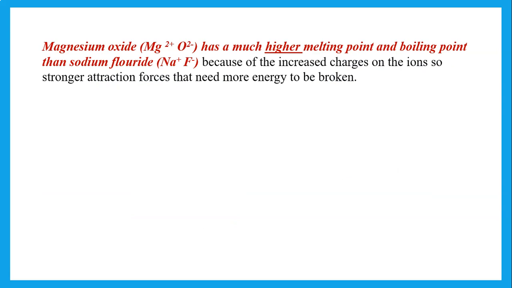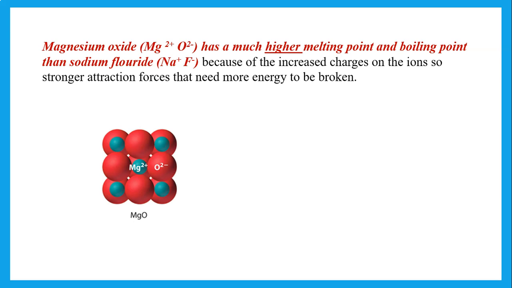What if I'm comparing two ionic compounds? We already decided that ionic compounds should have high melting and boiling point. Now, which one will be higher, magnesium oxide or sodium fluoride, for example? Magnesium oxide, each ion has 2 positives and 2 negatives. So there is strong attraction forces between the increased charges.